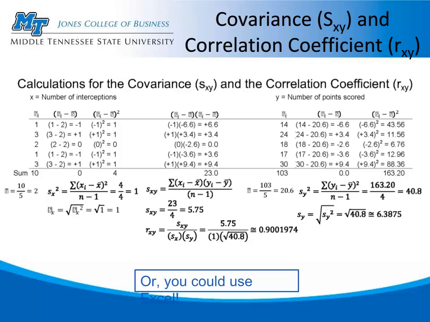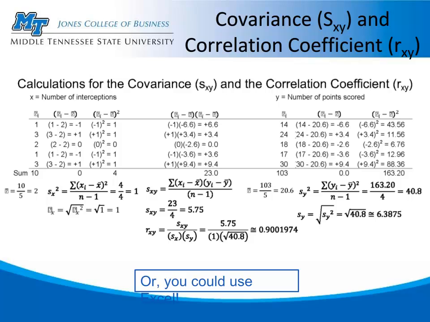But the first thing you do is you calculate the means. So we get the mean for the number of interceptions, and that turns out to be 2. And then you can figure out what the deviations are from the mean. Just take the value and subtract the 2. And then you can square those deviations and come up with the sum of the squares of the deviations from the mean.